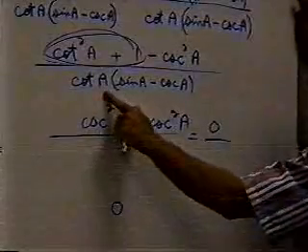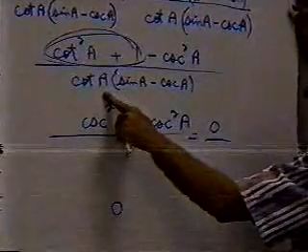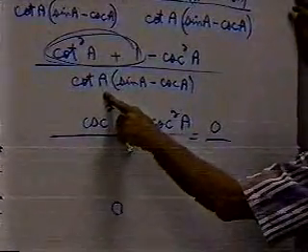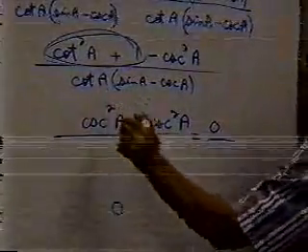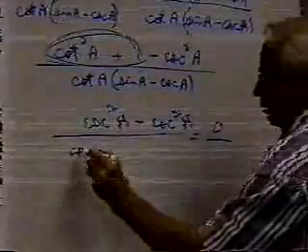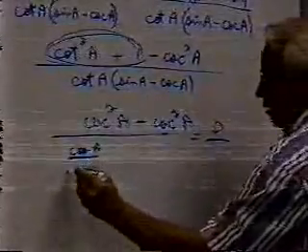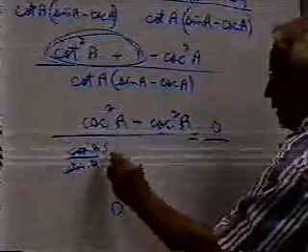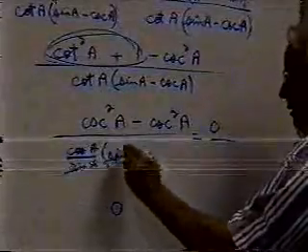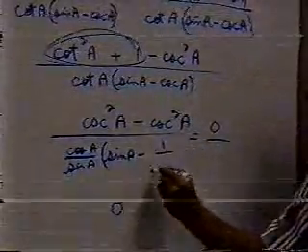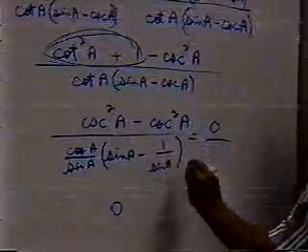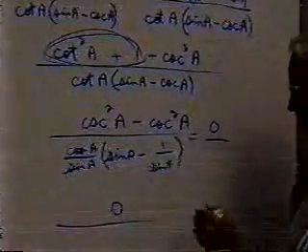Listen to this statement. When all fails, when I don't see anything else, change everything to sine and cosine. All right, so I'll change cotangent to cosine of A over sine of A. And I'll change sec to 1 over sine of A. Now the denominator then would be what?